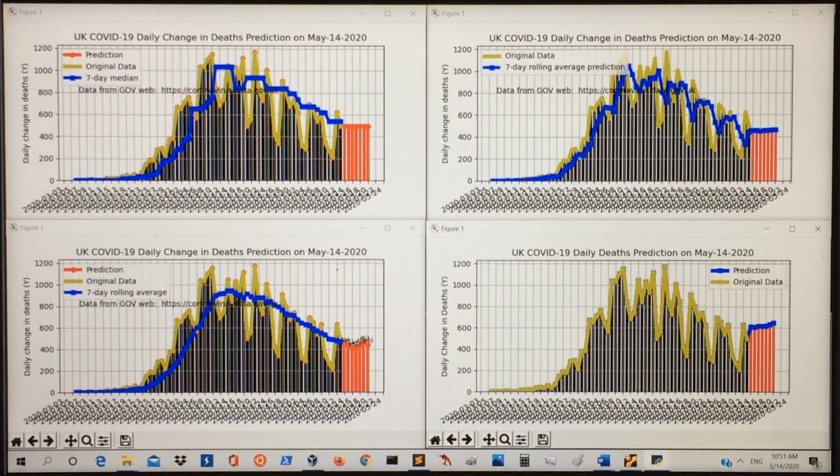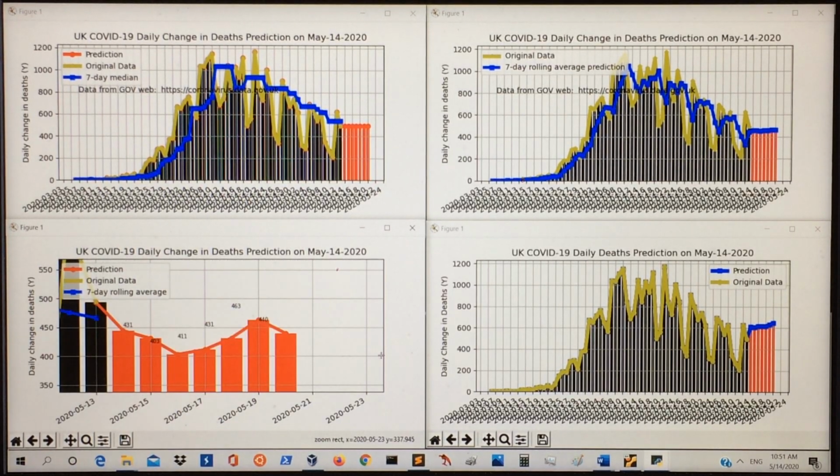So what these numbers might be: 431, 403, 411, 431, 463, 440, and what looks like around 429, around that.